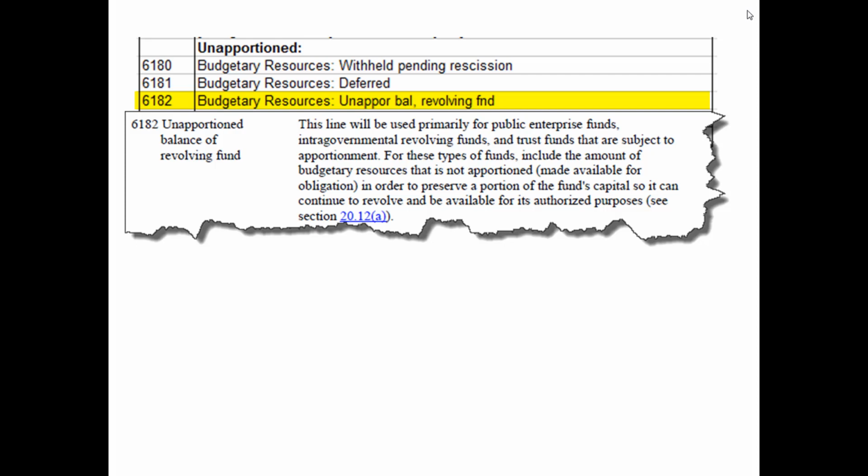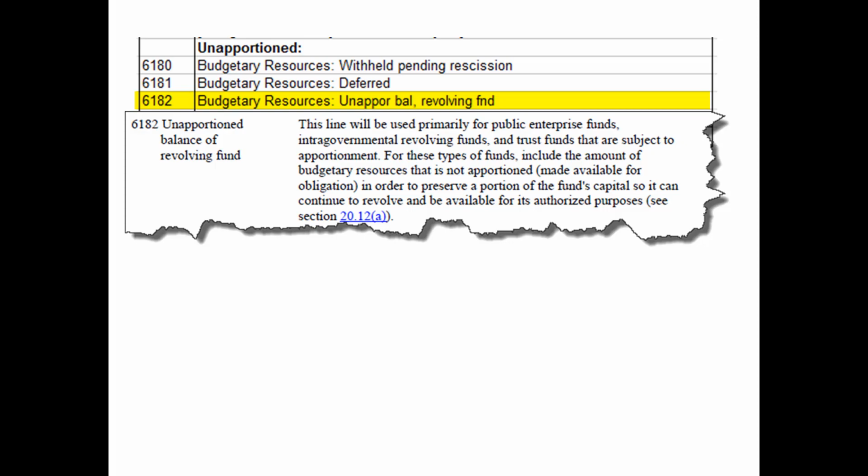These may include retained earnings, reserves to replace equipment, or fund annual leave, and so forth. Since there are only a few revolving funds in HHS, there are only a few apportionments eligible to use this line. Examples of revolving funds that could use this line are the HHS Service and Supply Fund, the NIH Service and Supply Fund, the FDA Revolving Fund for Certification, and the CDC Working Capital Fund.